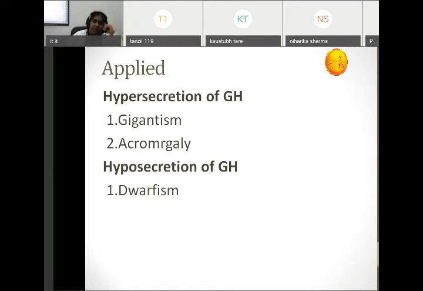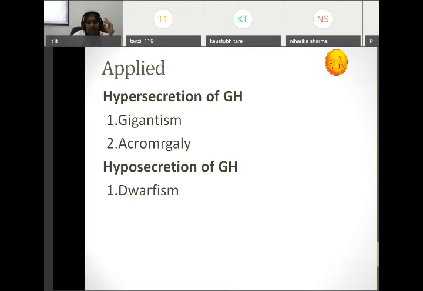Now, what is giantism? Giantism is a condition in which there is hypersecretion of the growth hormone, excess secretion of the growth hormone before puberty. Please underline this word, before puberty. The epiphysis does not fuse with the shaft before puberty.